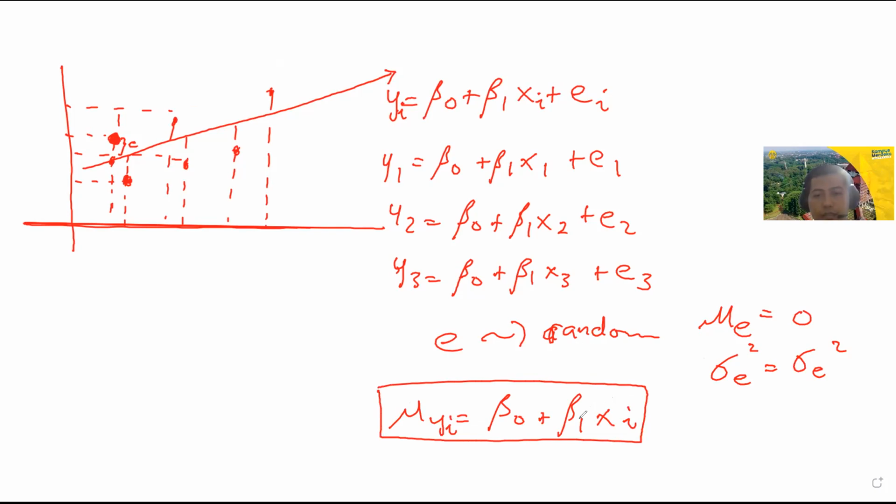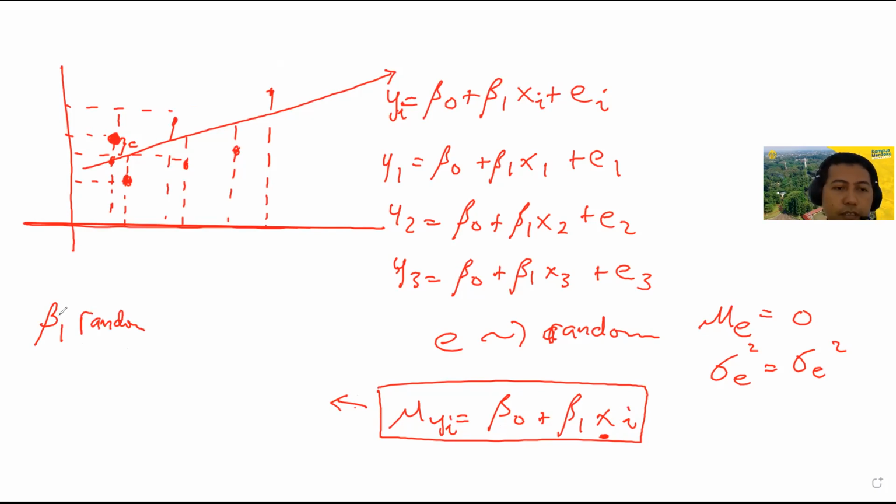Nah, karena kita lihat bahwa rata-rata dari Yi-nya itu merupakan fungsi dari Xi, maka kita bisa, we can easily prove that beta 1 is a random variable.